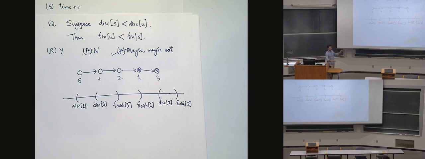Like if you set opening parentheses for discovery and matching closing parentheses for finish, it will be a proper parenthetical string. Does that make sense? And you start seeing why that's the case. Because if something is going to be discovered in between, it has to first finish before the parent can finish.